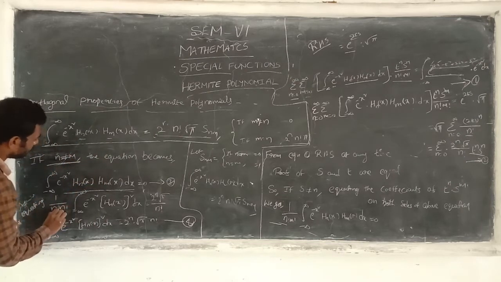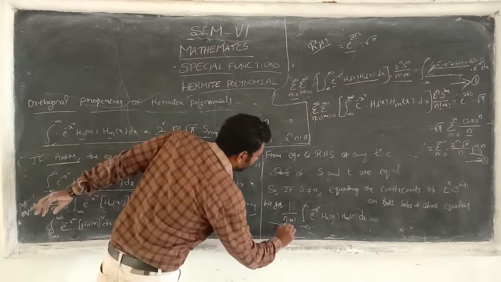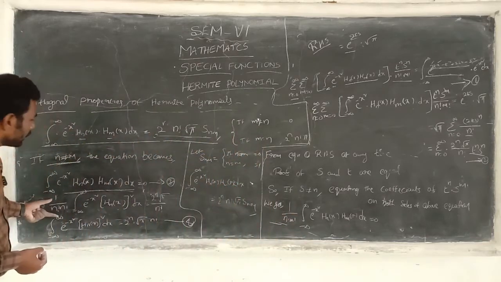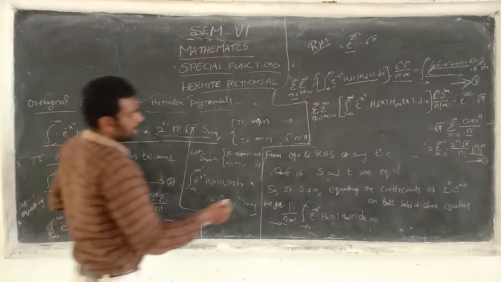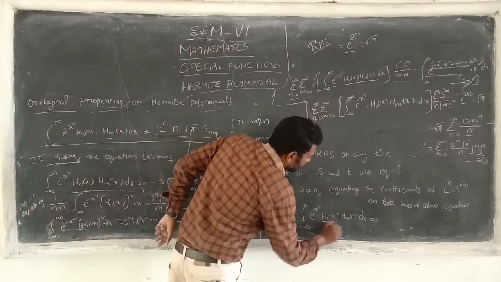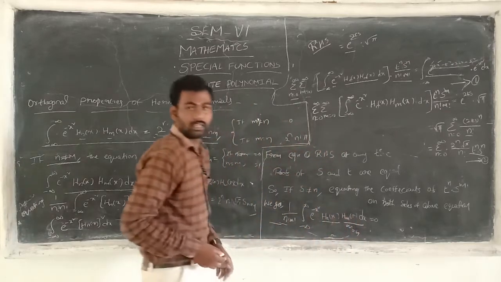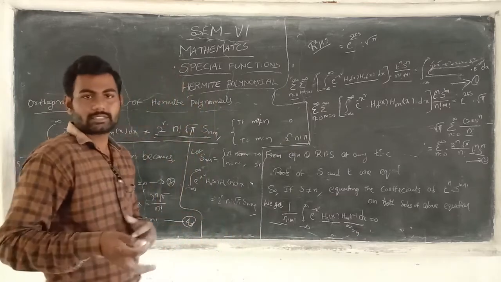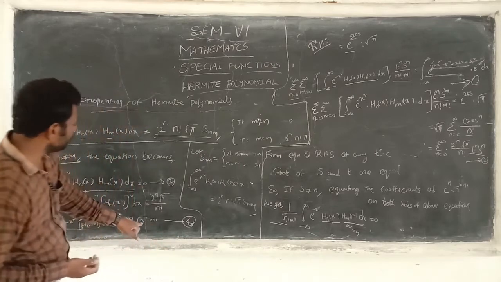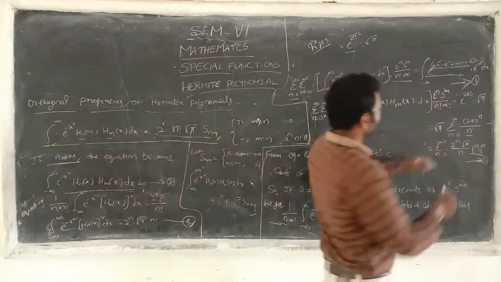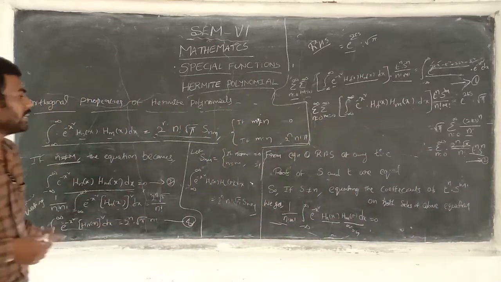So 1 by n factorial into n factorial times the integral from minus infinity to plus infinity of e^(−x²) Hn(x) Hn(x) dx, that is Hn(x) whole square dx, equals 2^n into root pi into n factorial. So that is equation 4.